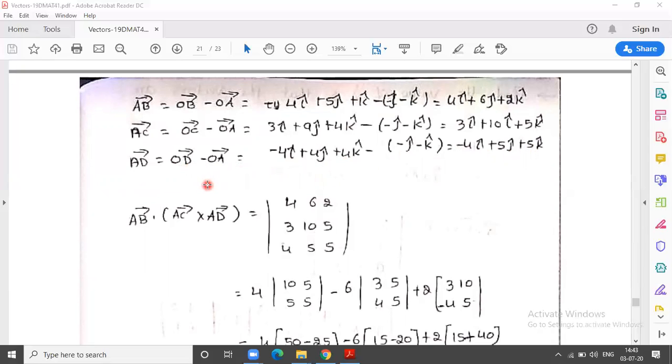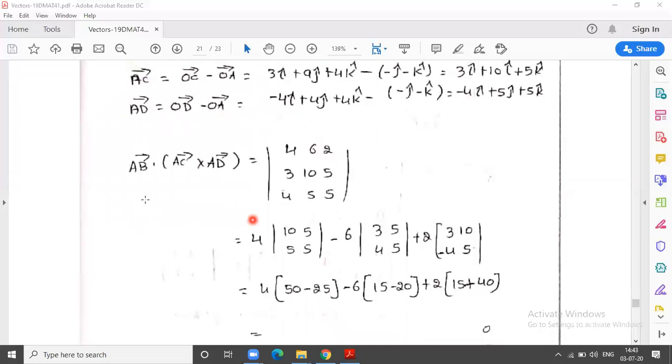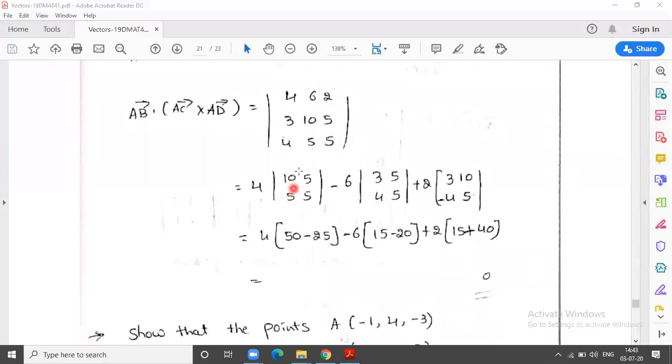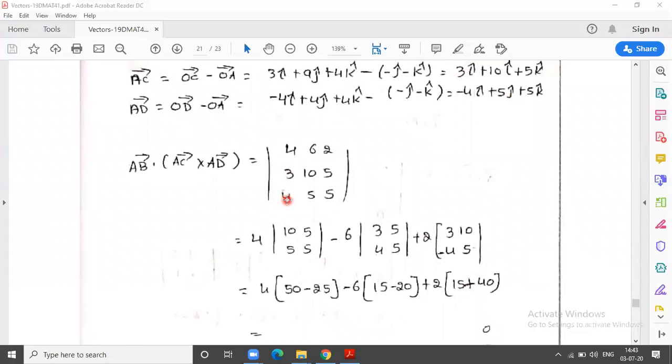Now you have to find the scalar triple product of AB, AC, AD. That is AB dot AC cross AD. Here 4, 6, 2, here 3, 10, 5, and here minus 4, 5, 5. So this one should be minus 4. Yes, minus 4.